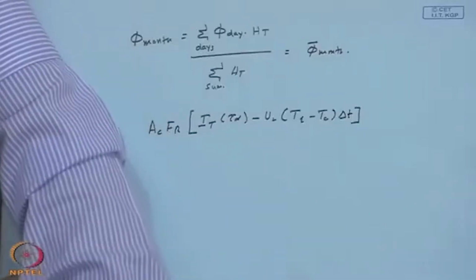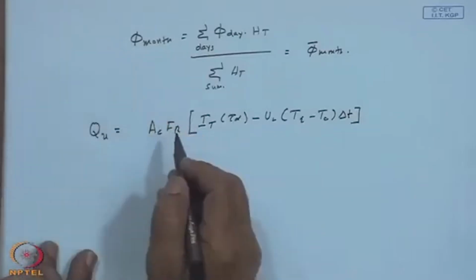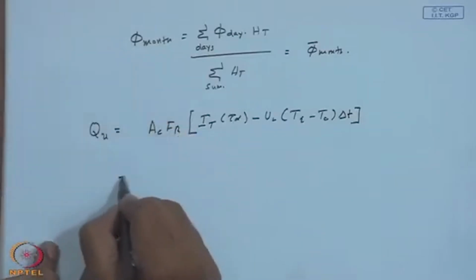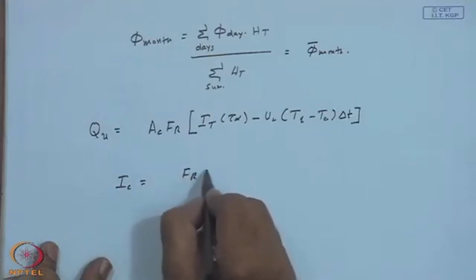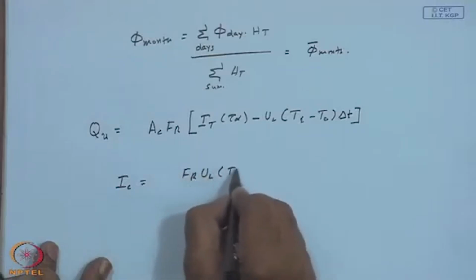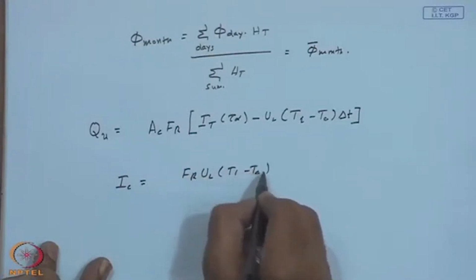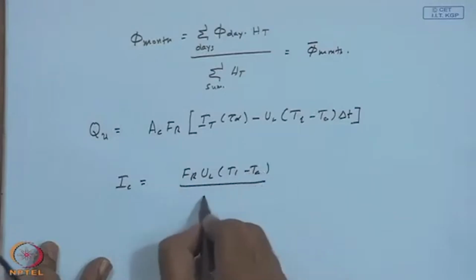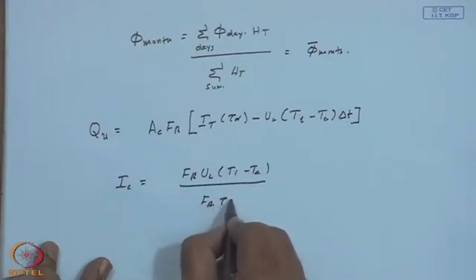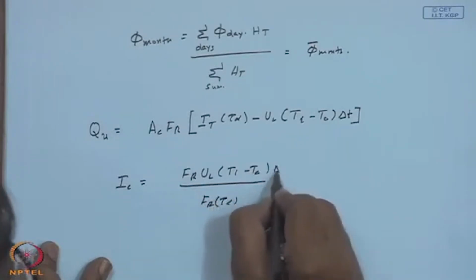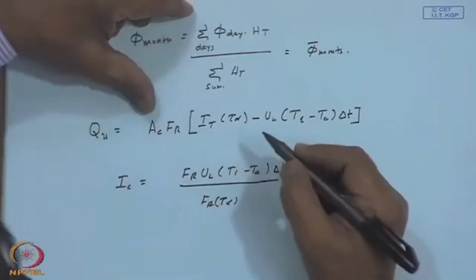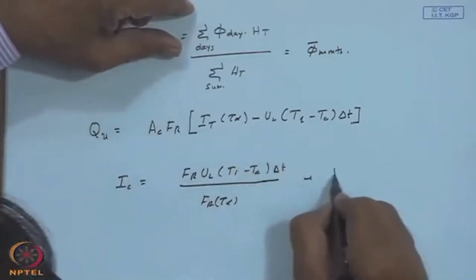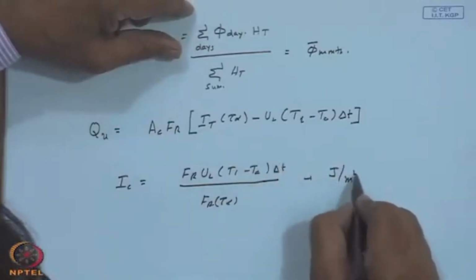So, if you set Q u equal to 0, the critical level can be obtained by F r U L times T i minus T a, by F r tau alpha, times delta t. If it is for a period of 1 hour, I will get it in joules per meter squared hour.